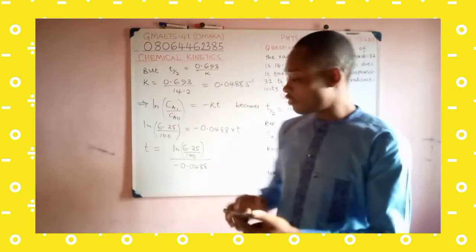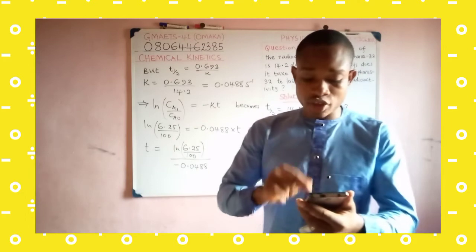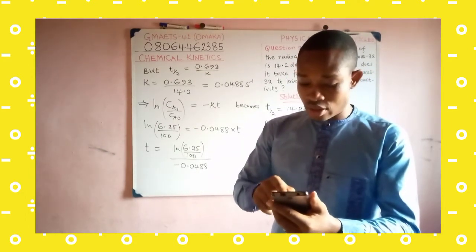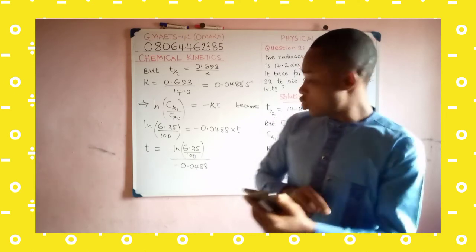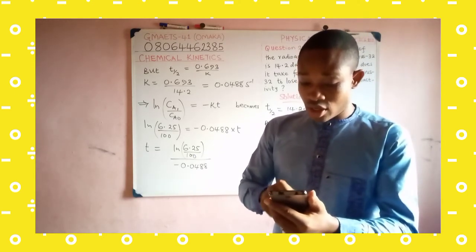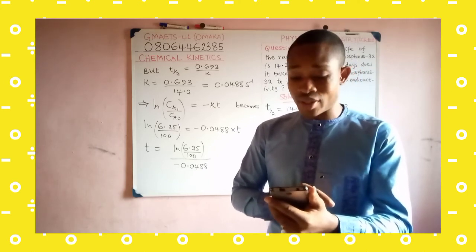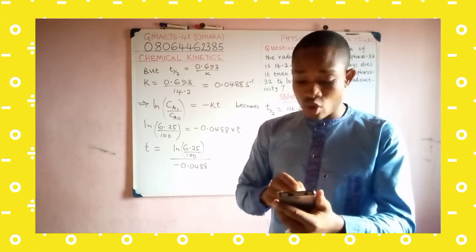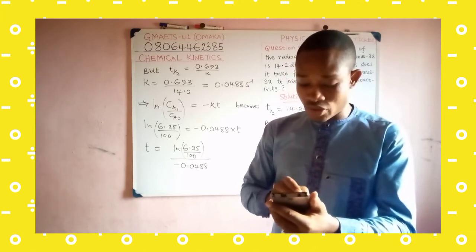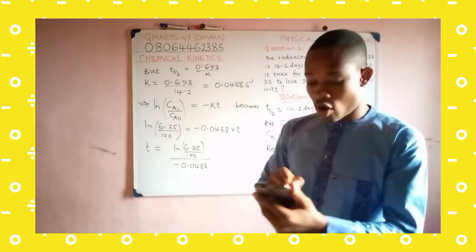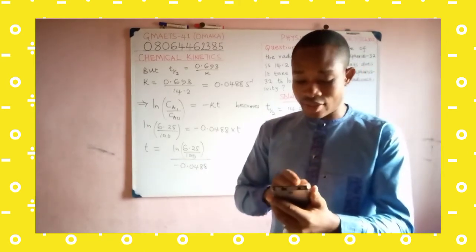So are you ready? Let us find out what that's going to be. I will punch that straight ahead. So ln of 6.25 divided by 100. Okay, it's giving me minus 2.7725 and other digits. So I will now divide the whole thing by minus 0.0488.